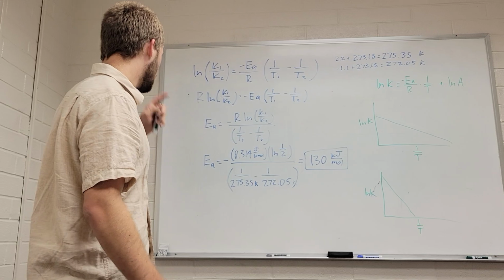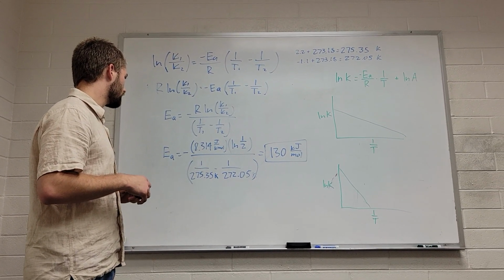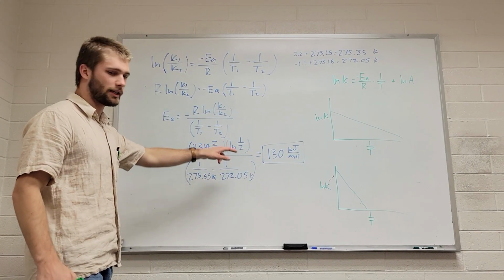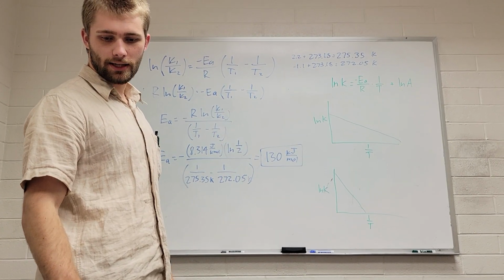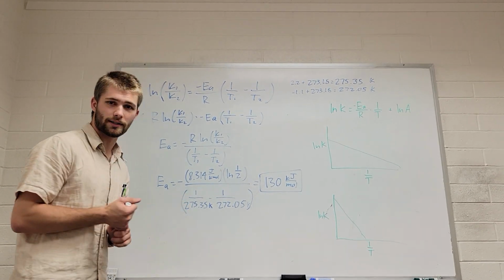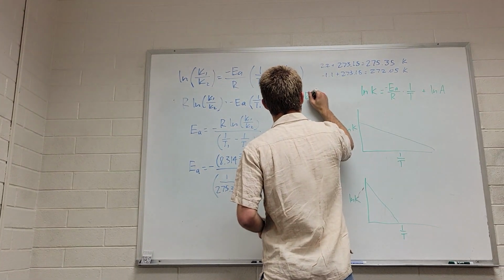Now plugging in our values, for R, of course, we have the universal gas constant, 8.314 joules per Kelvin mole, times, so it says that it's twice as fast at 2.2 as it is at minus 1.1.